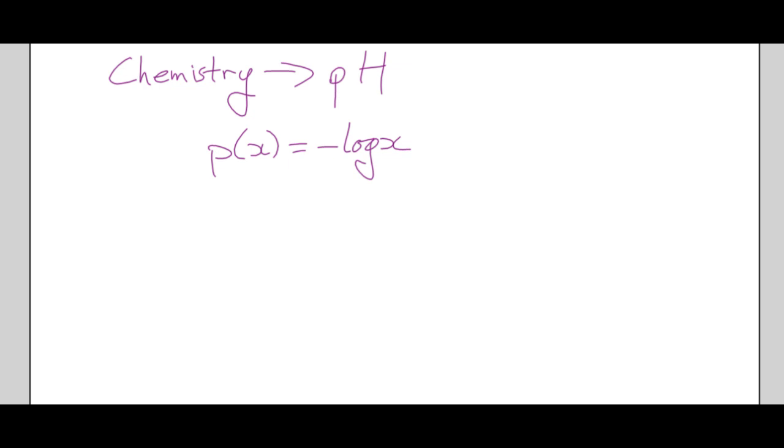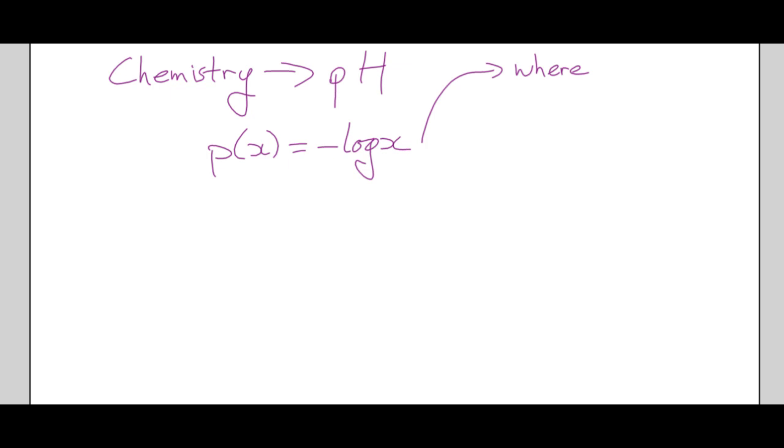So we've got P of x is negative log x, where x. You'll get a little box at the top called a context box. It will say use the following information to answer the next question, or the next 2 questions, if we give you 2 questions based on something.